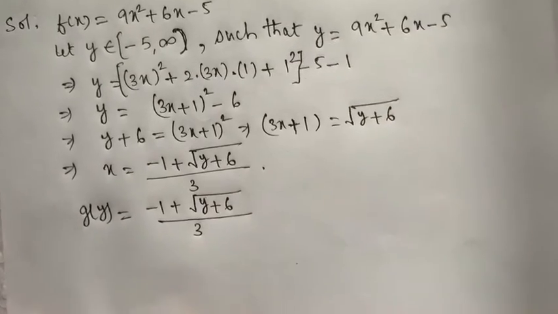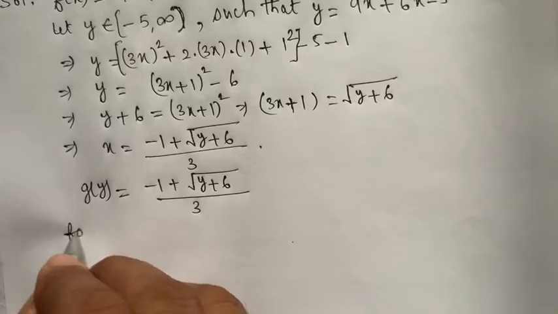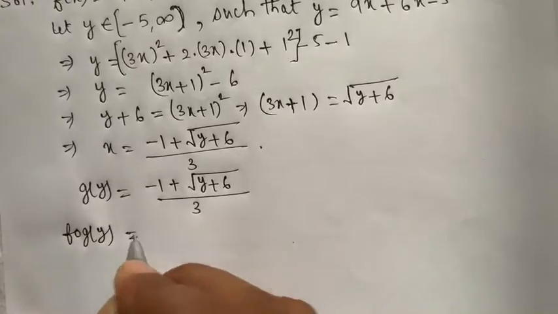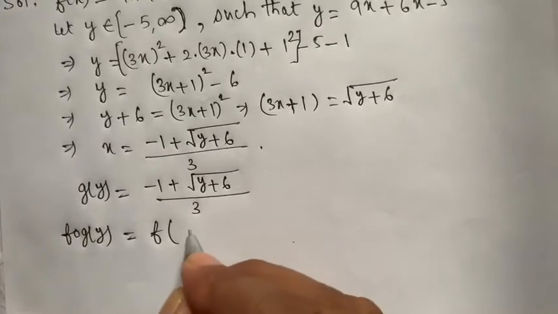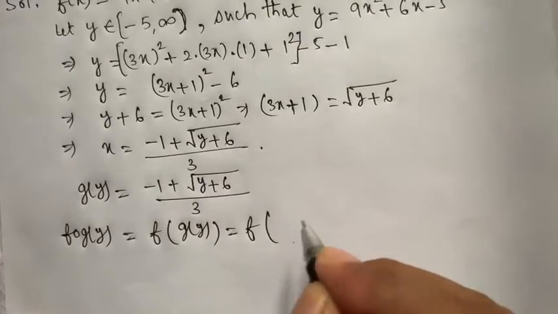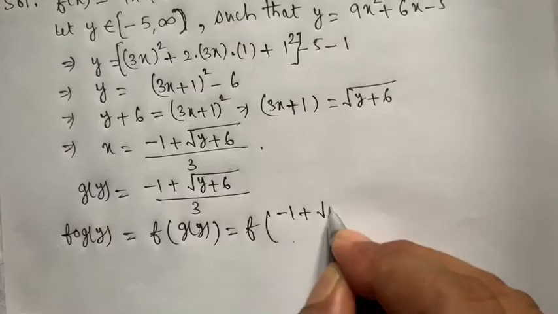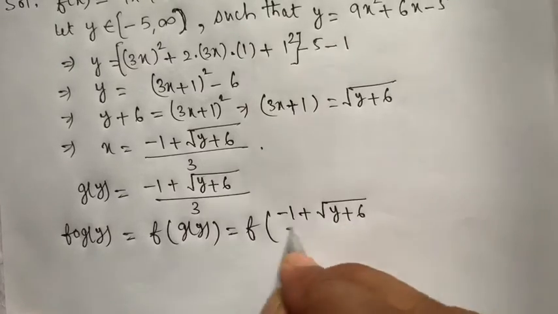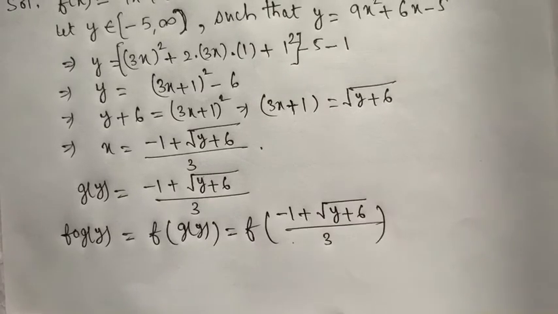We will obtain FOG of y. FOG of y is f of gy, and gy is minus 1 plus root under of y plus 6 upon 3.